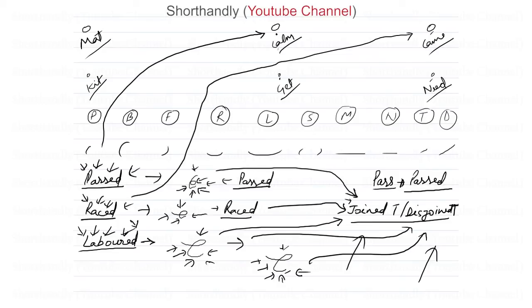If we look at the joined version, we have T here, but it's not easy to recognize because it is blended into this R, and it's also not comfortable to write.